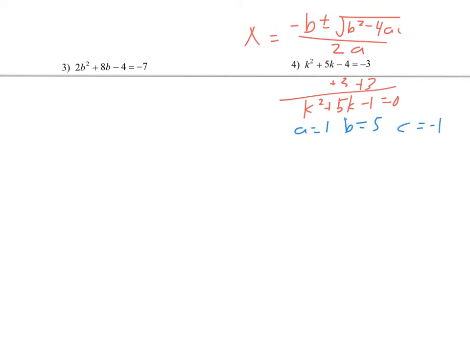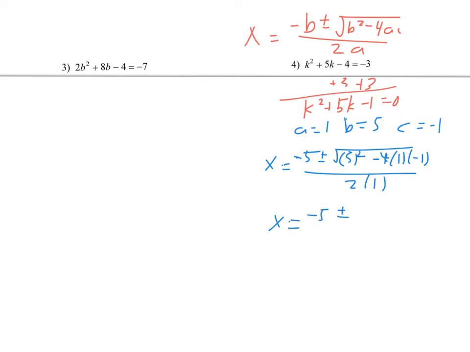And so that'll be x equals negative 5 plus or minus the square root of 5 squared minus 4, and then a is 1, and then c is negative 1, all over 2 times a. So now we'll go ahead and simplify. That's going to stay negative 5. This will be 25.